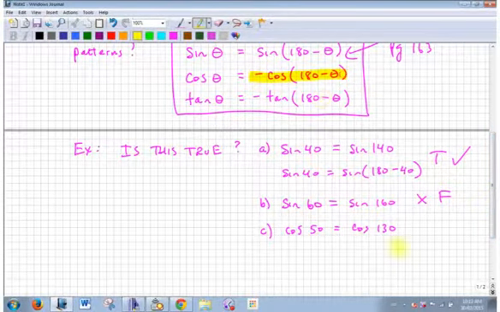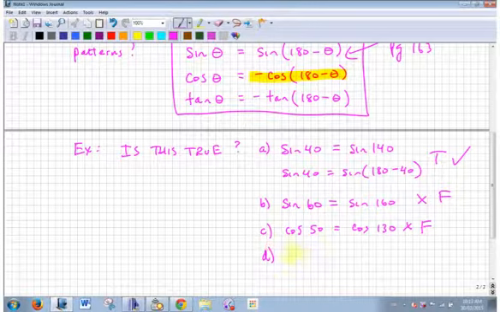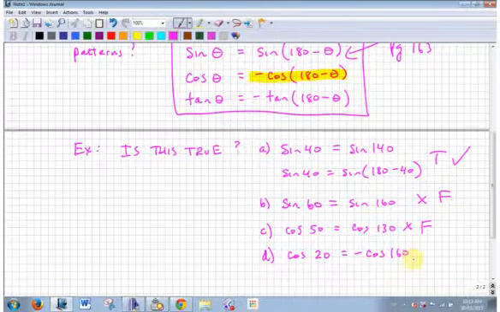It's not equal to positive cosine 130. That's false. How about cosine 20? Is that equal to negative cosine 160? It is.